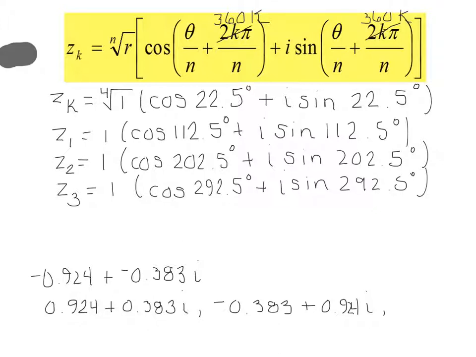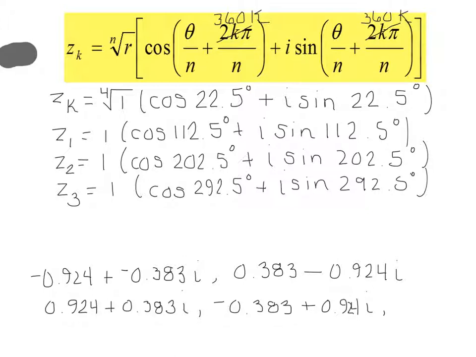So the cosine of 292.5 is 0.383, and the sine of 292.5 degrees is negative 0.924. There are my 4 fourth roots of j, or i.